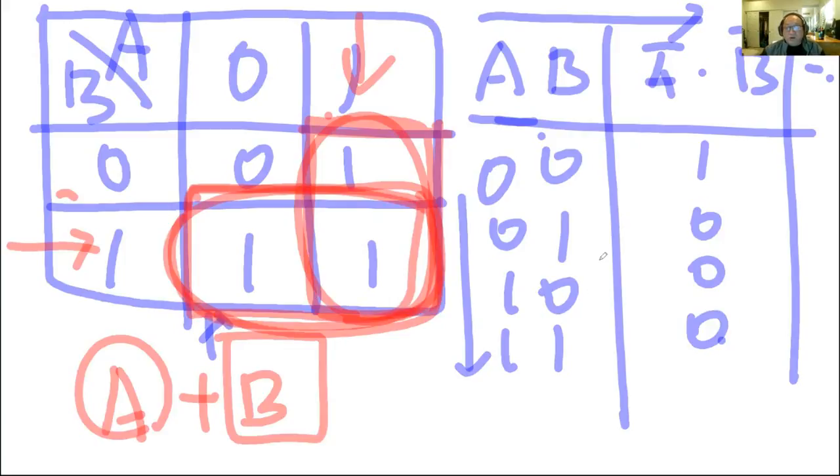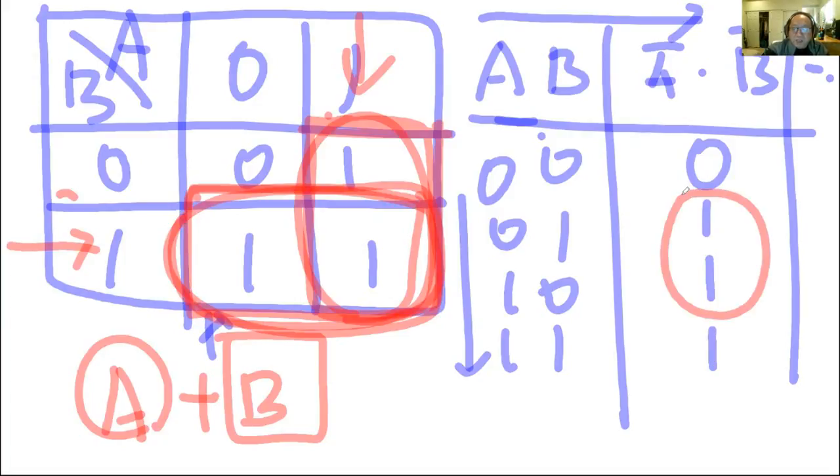But in this column chart, if we erase it and I put the numbers in, it actually is 0, 1, 1, 1. And right here it's harder to group, because if you group this one, it's not A or B. It's not easy to group. So a modified way to draw a truth table is like these two.